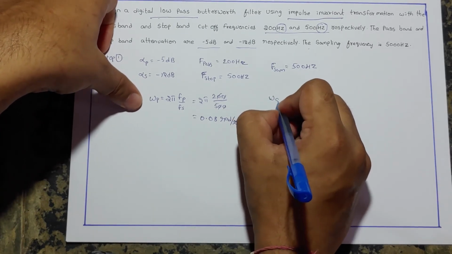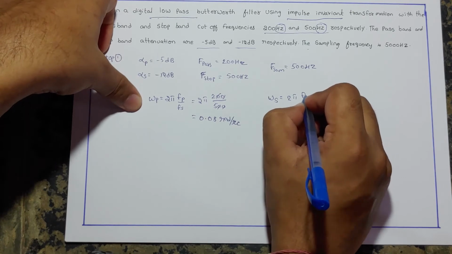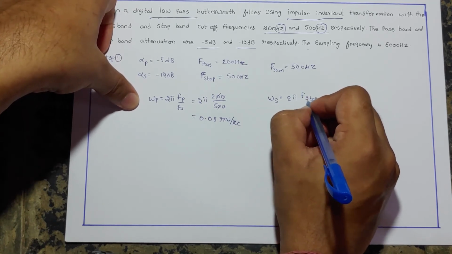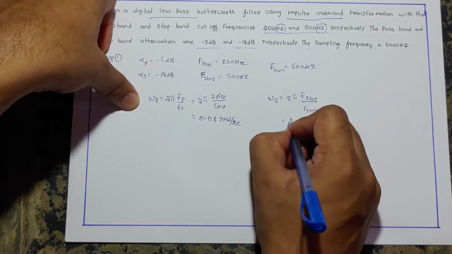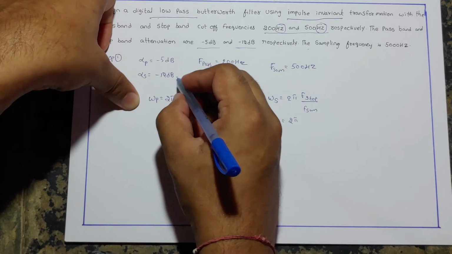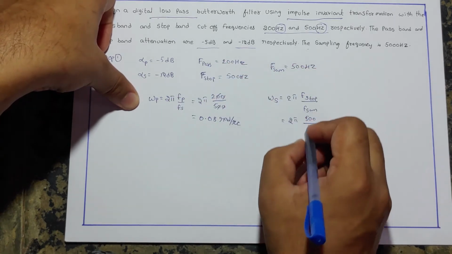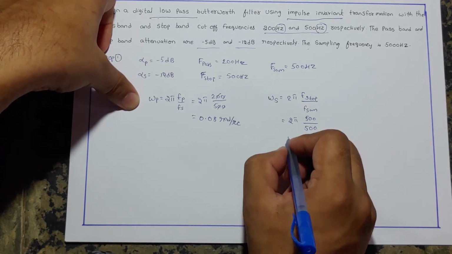And the stop band frequency is equal to 2 pi capital F S, which is the stop band frequency, by F sampling, which is 2 pi times 500 by the sampling frequency.